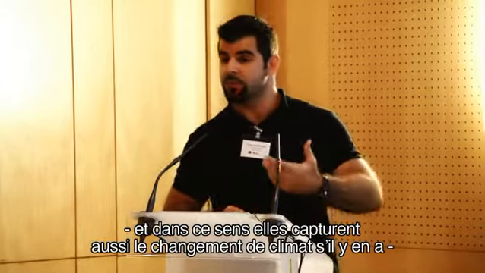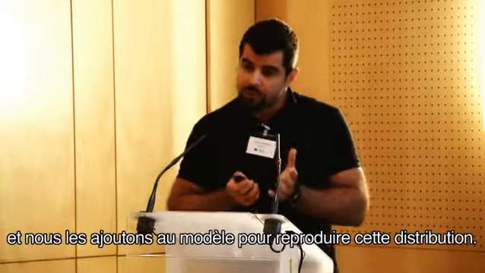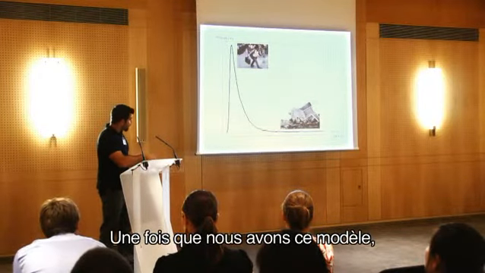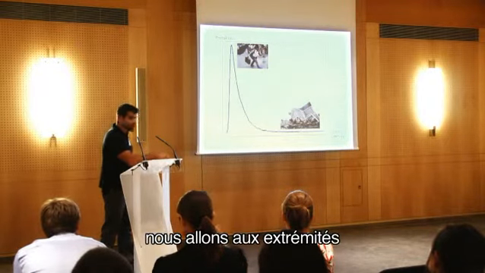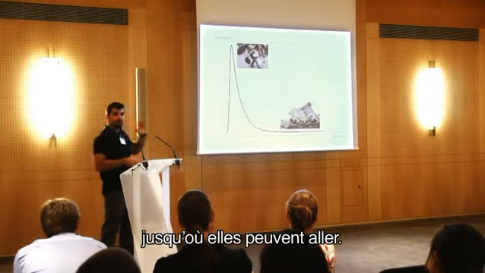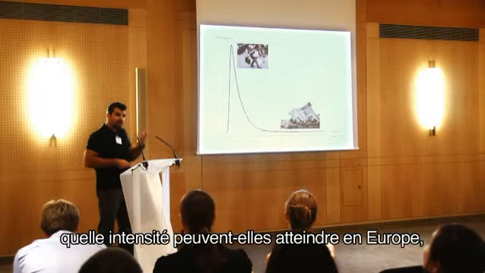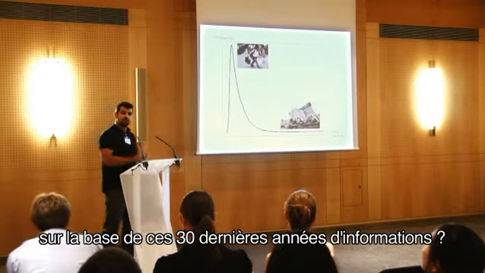And in that sense, they also capture climate change if it's in there. And we also include those in the models in order to fit this distribution. And then once we get a model for this, we follow the tails, go along the tails, and ask ourselves, what's the limit, how far out would that tail go, which would answer our question, how intense could they get over Europe, based on that 30 years of information.